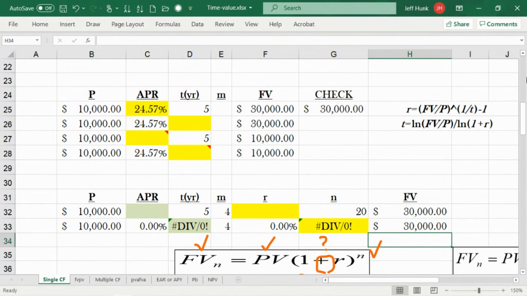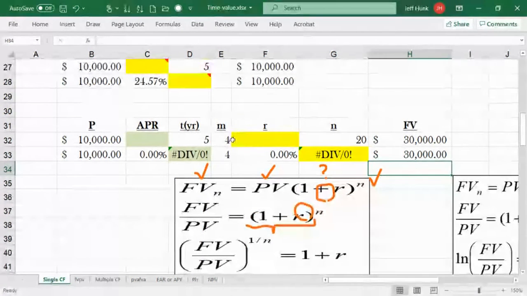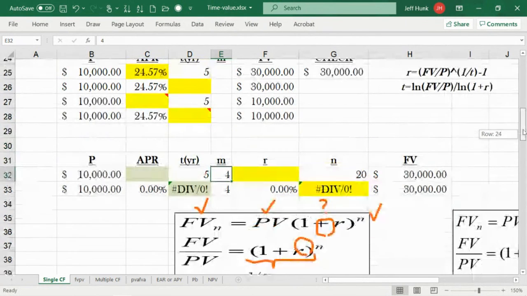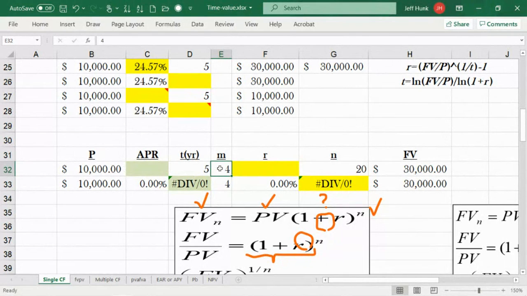Now everyone understands why I'm doing this, because there's n, and a compounding frequency is basically the same scenario, but previously it was annual compounding. Now it is quarterly compounding. If it is quarterly compounding, then we must find R, the periodic rate. We cannot find APR first because compounding is quarterly. We've got to find the quarterly rate. That goes without saying.